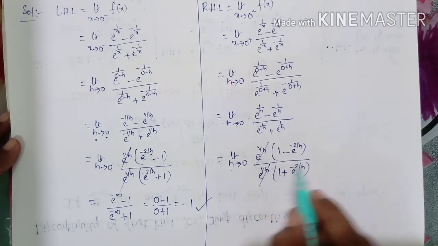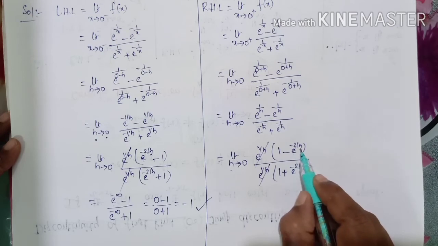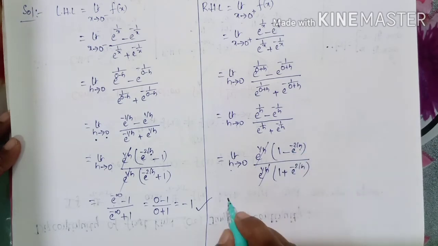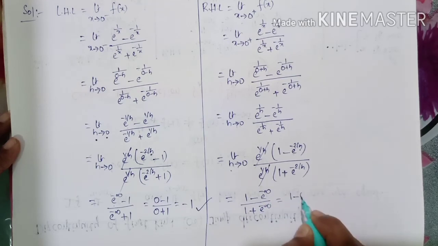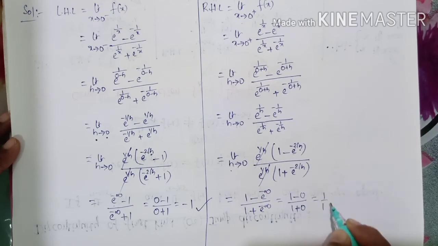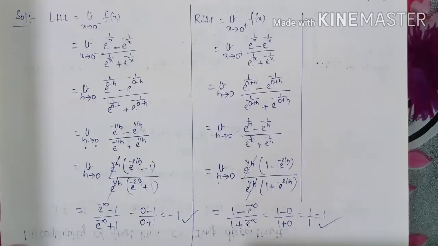So on substituting h is equal to 0, e power minus 2 by 0 means 2 by 0 gives infinity, e power minus infinity. So 1 minus e power minus infinity by 1 plus e power minus infinity. E power minus infinity gives 0. So 1 minus 0 by 1 plus 0. That means 1 by 1, which is equal to 1. So we got right-handed limit 1.